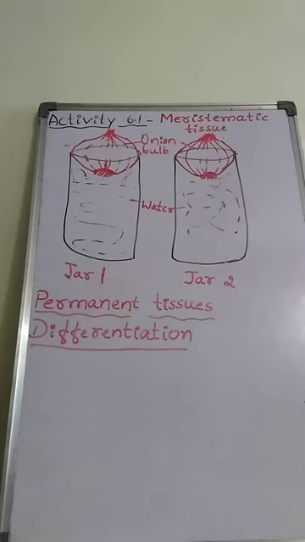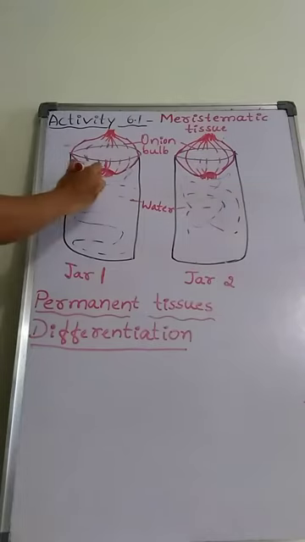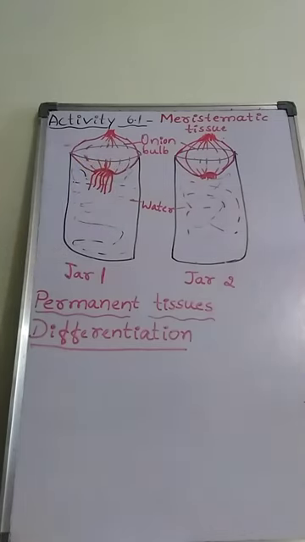So our observation is that the roots of the onion bulb present in the first jar show growth on the 5th day as well as on the 6th day.